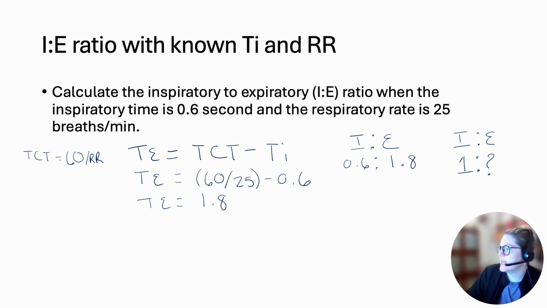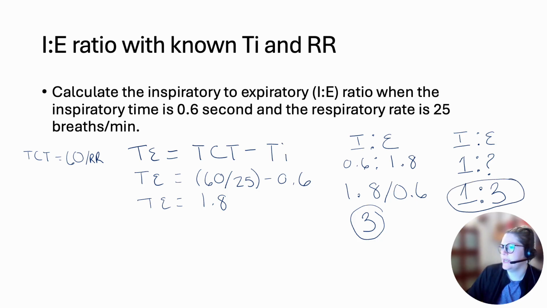To get expiratory time, you are going to divide E by I. We'll plug that into our calculator, and that is going to be 3. So what we just did is we solved for our E in ratio form. Our answer to this problem is a ratio of 1 to 3.